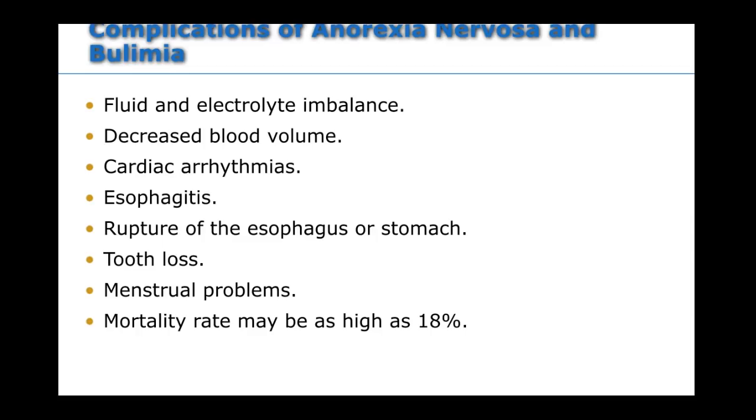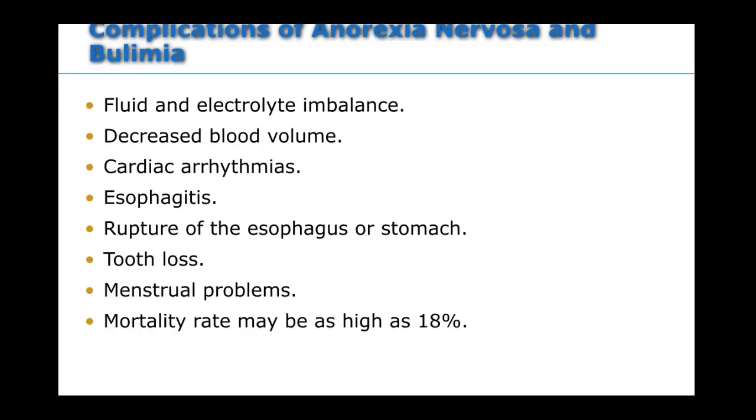Some complications that you might see. Bulimia, you're going to see probably a normal weight kid. With anorexia, you're going to see that skinny, very frail looking child. With both, you can have fluid and electrolyte imbalances. Decreased blood volume, cardiac arrhythmias, especially in the anorexic child. Okay, esophagitis.